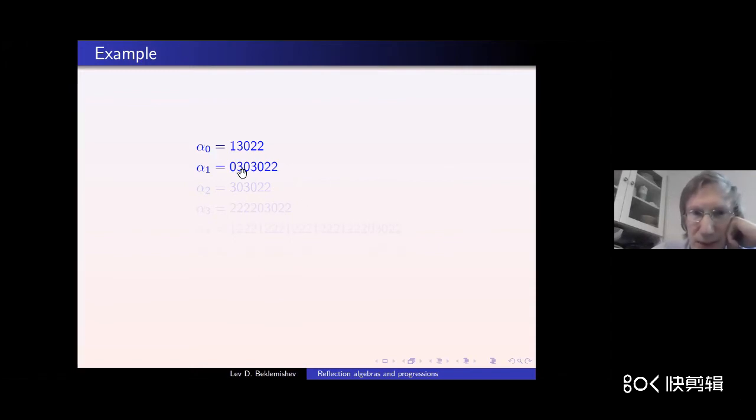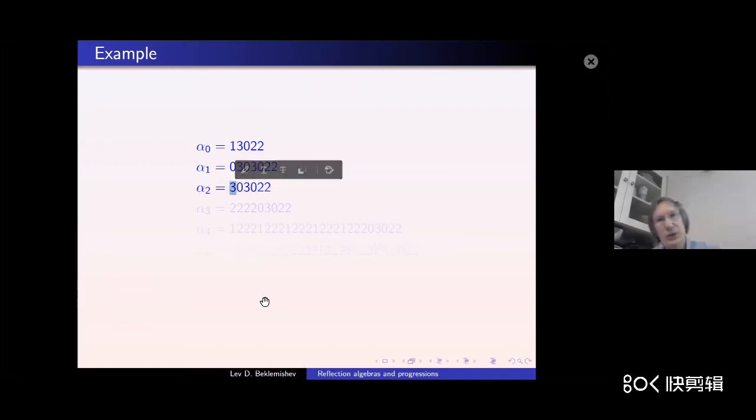Then we see that the new word begins with 0. So at the next stage, this 0 disappears, is deleted. And then again, we are in the situation that the word begins with 3. Then what should we do? The prefix that we talked about is now empty because the next letter is just 0.